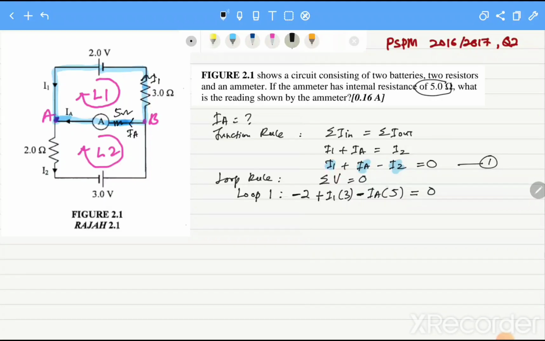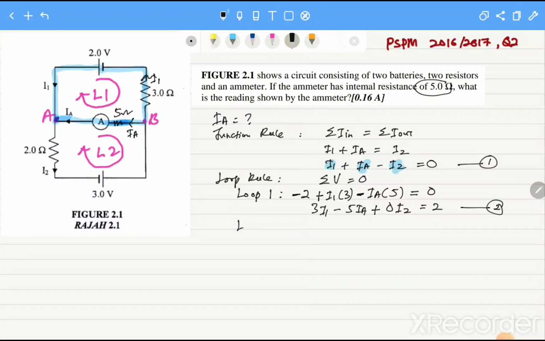The first variable is I1, so we have 3 I1. The second variable must be IA, so minus 5 IA. The third variable is I2. Since we don't have I2, we just write 0 I2, and then equals 2. So this is the second equation.